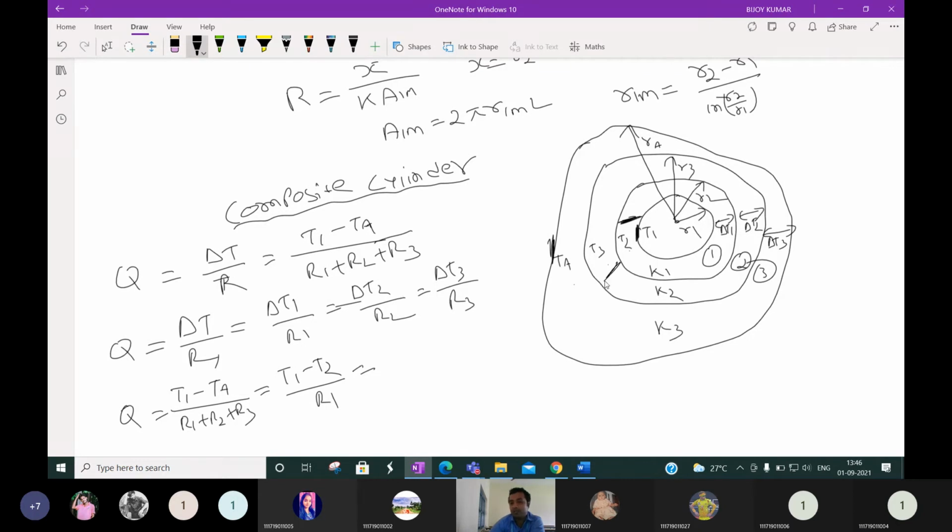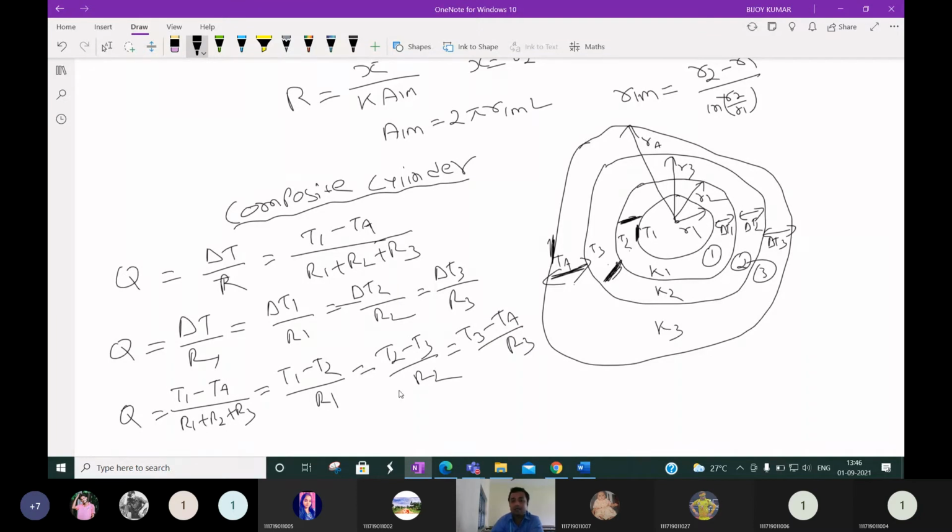Second wall is this one. What is the temperature difference? T2 minus T3. Delta T3 means the temperature difference in the third wall. It is nothing but T3 minus T4 by R3. Okay, I think you understand what delta T1, delta T2, delta T3 are.